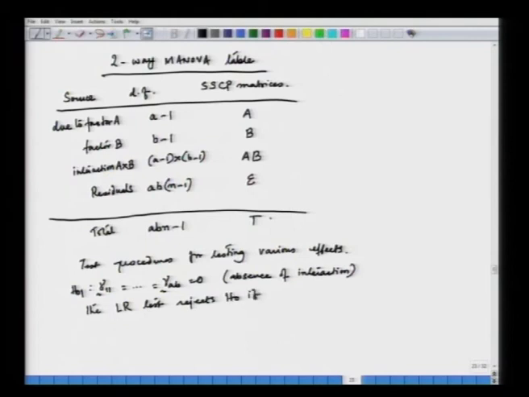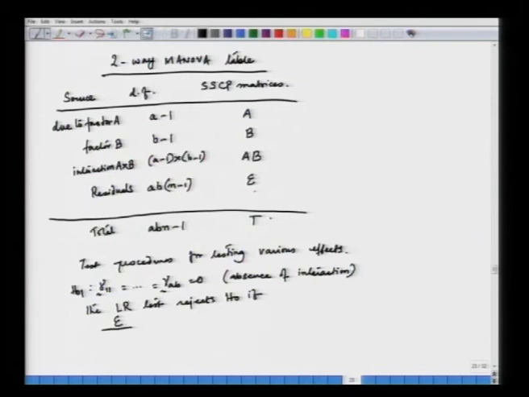H naught if, well, I have the residual part, that is the within matrix for me. I am not using the bracket here, so let us just leave it at E. This is a test statistic. And the between matrix here, this role is getting played by the AB matrix, because I am testing for the interaction effect.